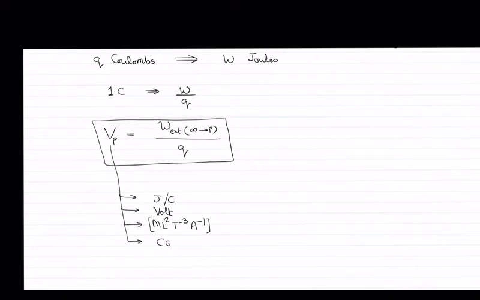The CGS unit of electric potential is stat volt. We can find the relation between volt and stat volt. We can say that 1 stat volt is equal to 300 volts.